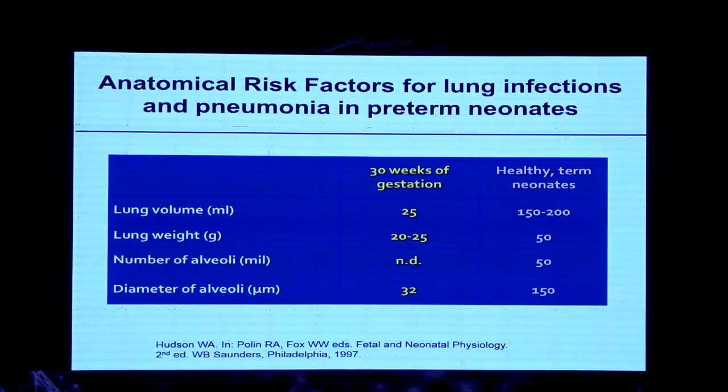In fact, the size of the alveoli is very much reduced as gestational age weeks go down, down to 1/6 of the normal range in a 30-week gestational age baby. The same applies to the lung volume, the lung weight, and also the number of alveoli.